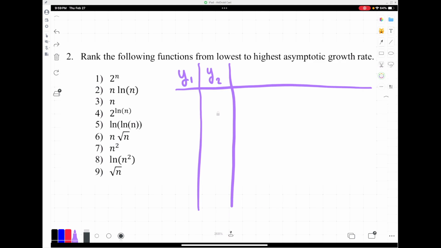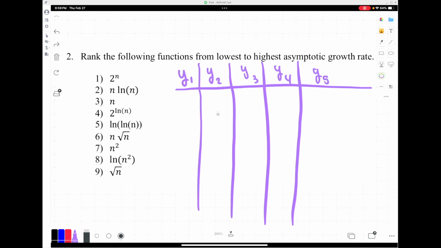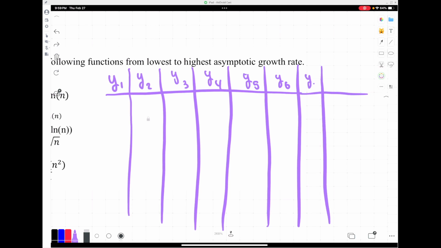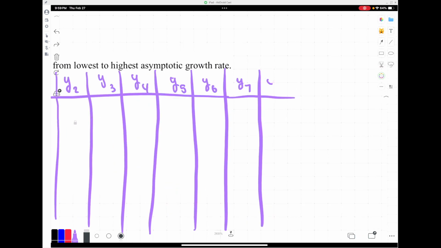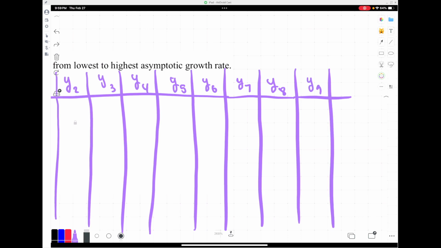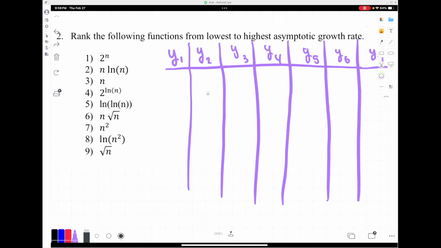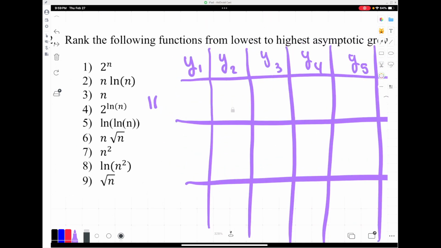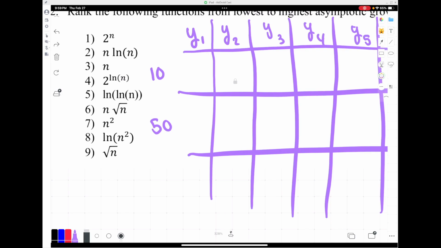And there's 9. Actually, you could just pick any numbers. I'm gonna pick 10, 50, 100.